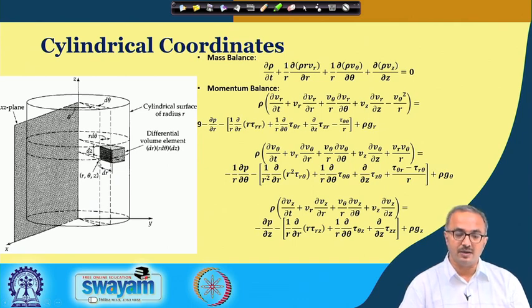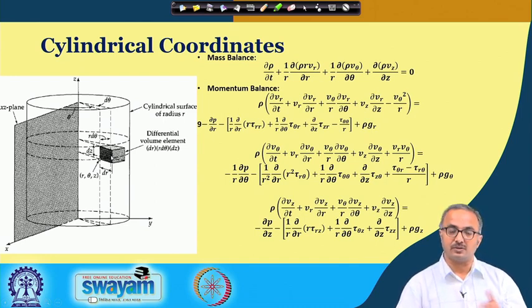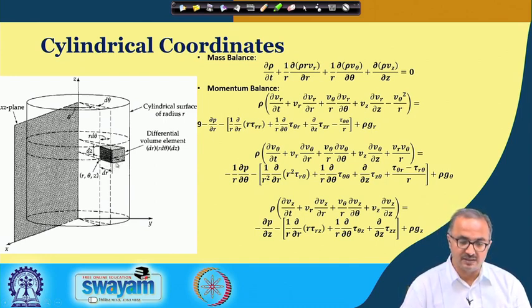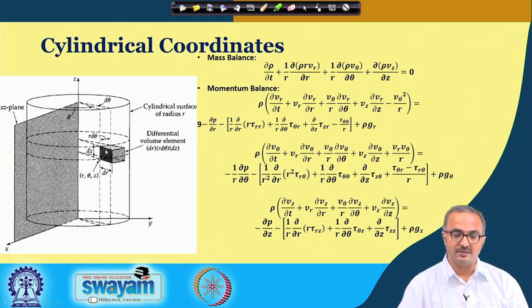That is how we locate, and we are taking a d theta circulation. So, this is how we get this control volume, and the volume of the control volume is dr times r d theta times dz.